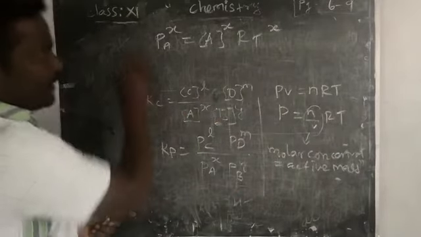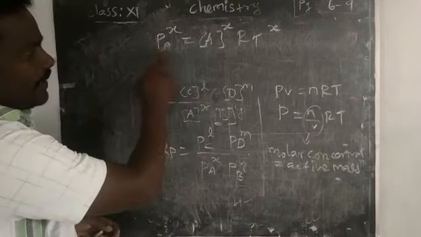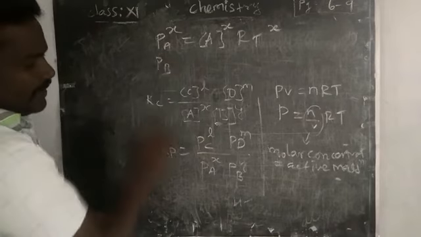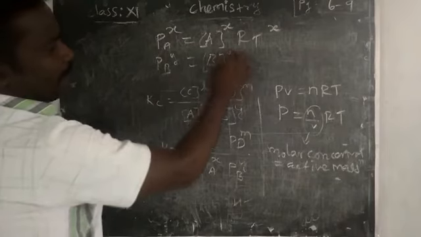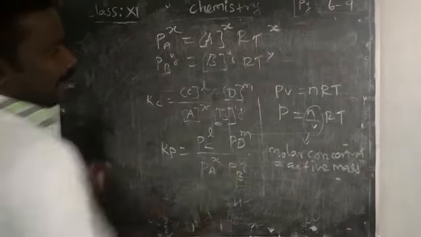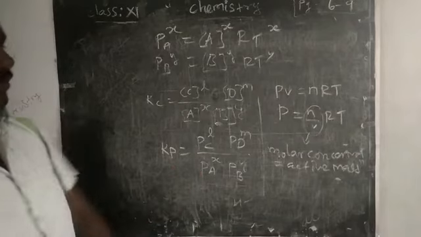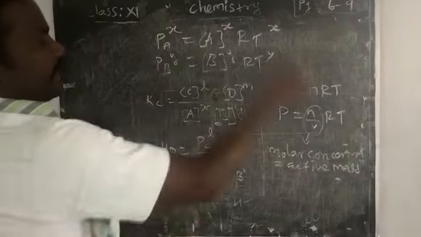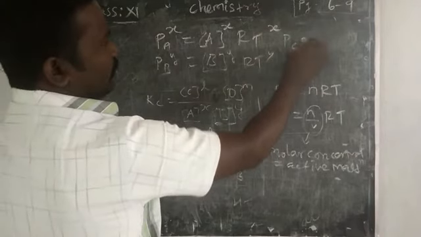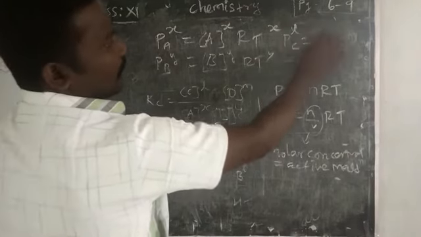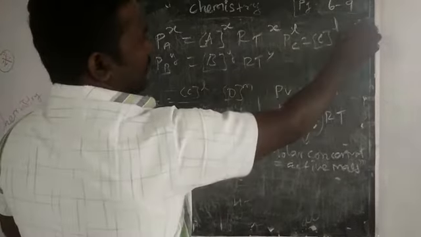So in the Kp, P of B power y means B concentration power y, RT power y. Like we are applying this term in this third equation. The same way we can write for P of C: C concentration power l, RT power l.